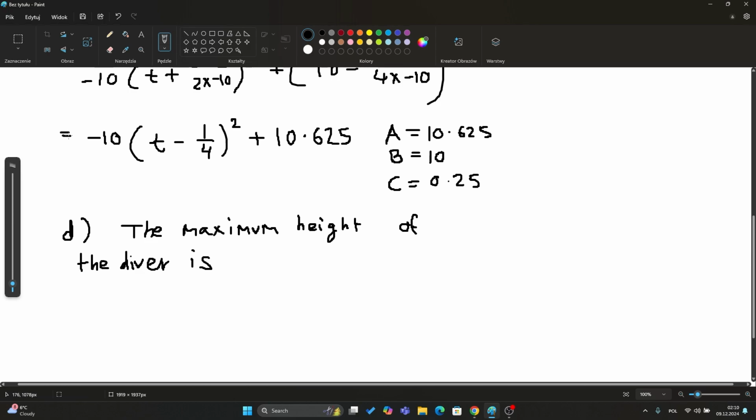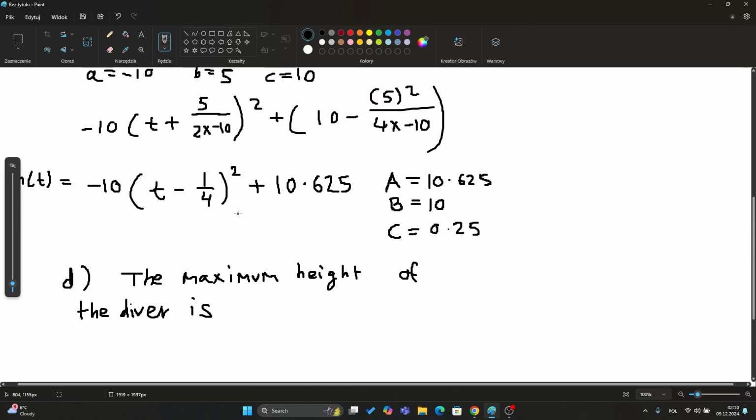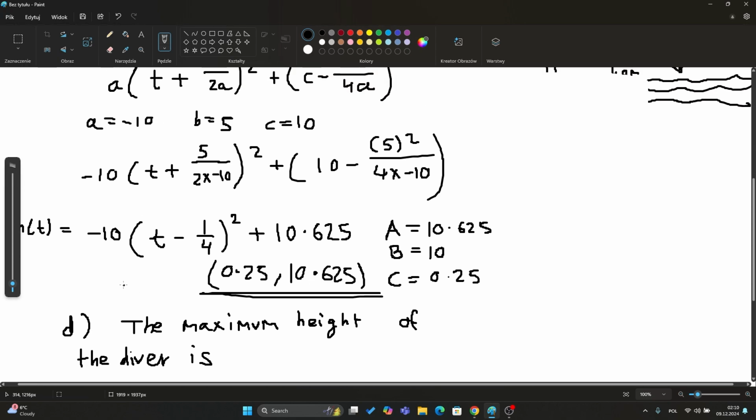So here we have 0.25 and 10.625 coordinates, like so, because to find the turning point you have to invert the sign of the first one in the bracket and then keep the outside.